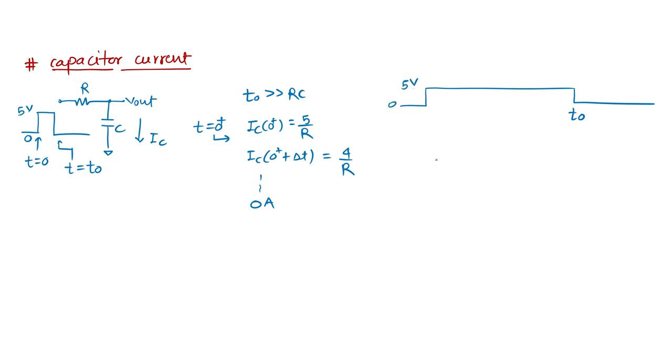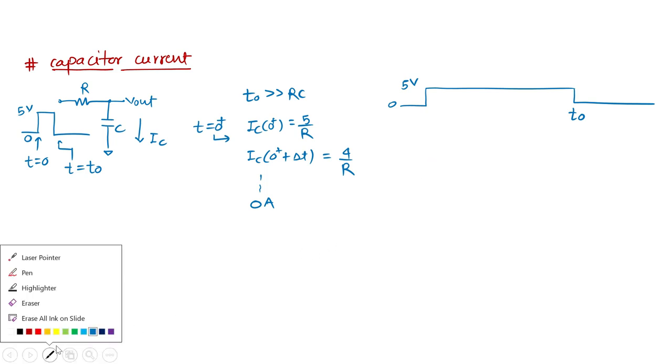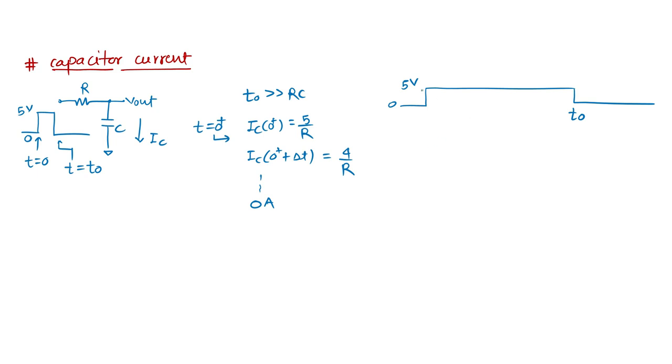So what is happening with the current? I'll draw this on this only. Initially the current was 5 by R, and after that it will reduce to 0, and it will stay at 0 till the time your voltage is 5 volt.